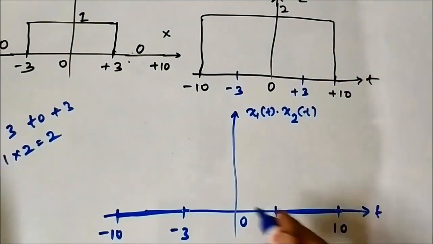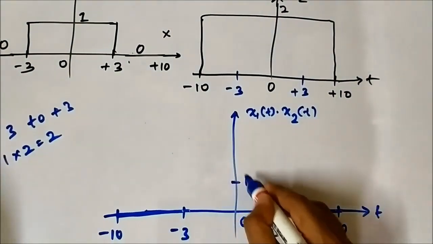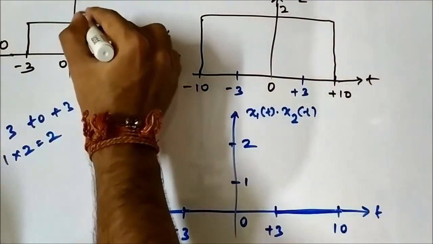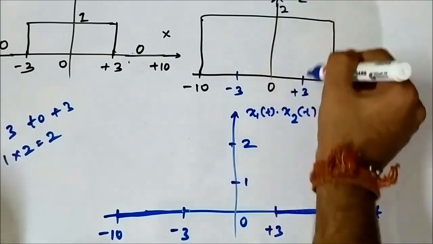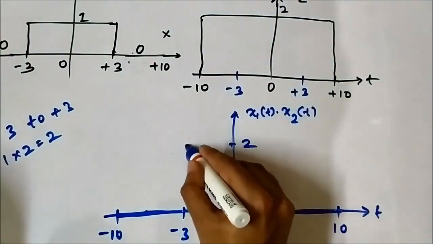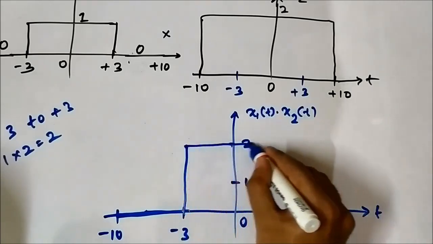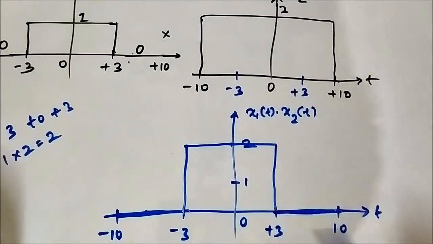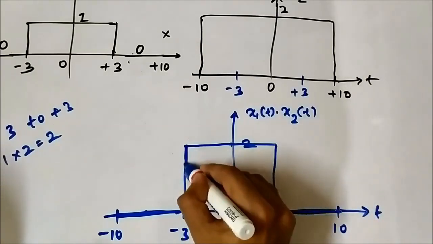So the amplitude will be 2 from minus 3 to plus 3. This is the output.